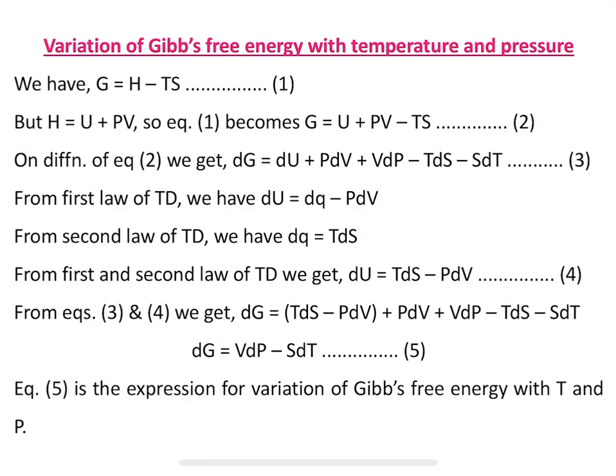If I explain the third law of thermodynamics in simple terms, the third law states that the entropy of a perfect crystal of a pure substance approaches zero as the temperature approaches zero. That means when the system attains the zero temperature state, at that time the entropy of a perfect crystal of a pure substance also approaches zero.